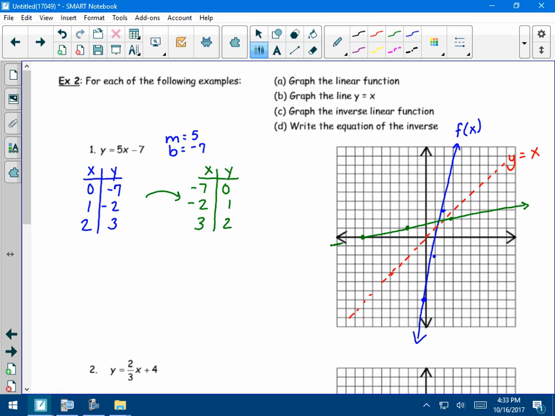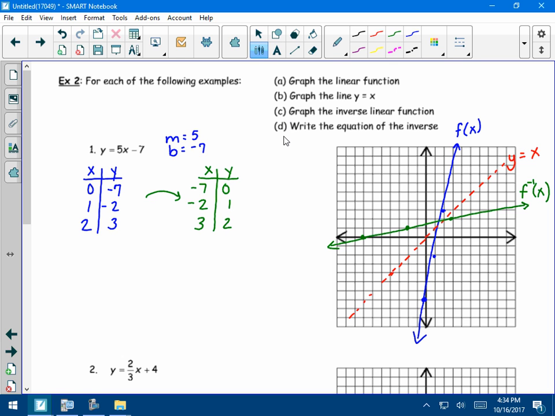You should see that reflection over the line y equals x. Now, how do I label it for an inverse? Remember inverse notation? F to the negative 1 power. That means f inverse of x. And you can see the reflection happening over that line. So we're in good shape.